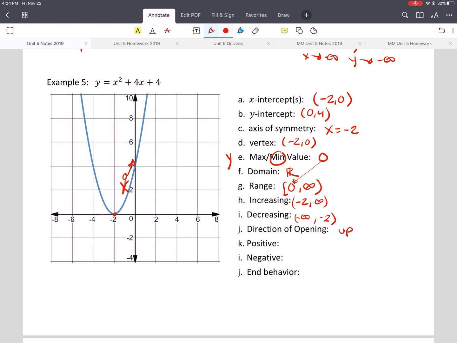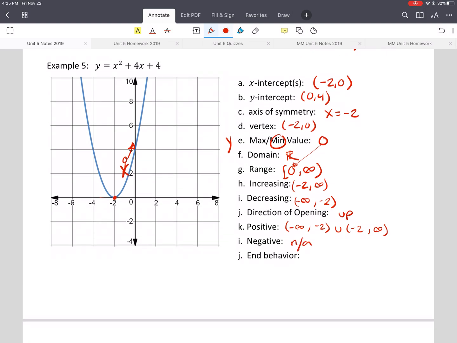Vertex is at 0. So we'd want to write it in 2 parts. It would start at negative infinity, positive all the way until you get to negative 2. And then, it would not include negative 2, so we'd have to write another from negative 2 to infinity. Negative is NA, doesn't apply.